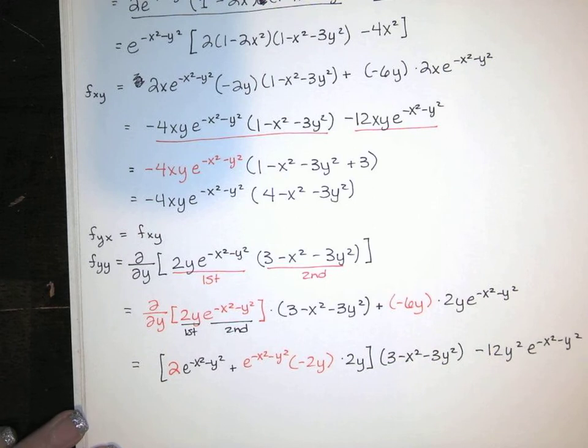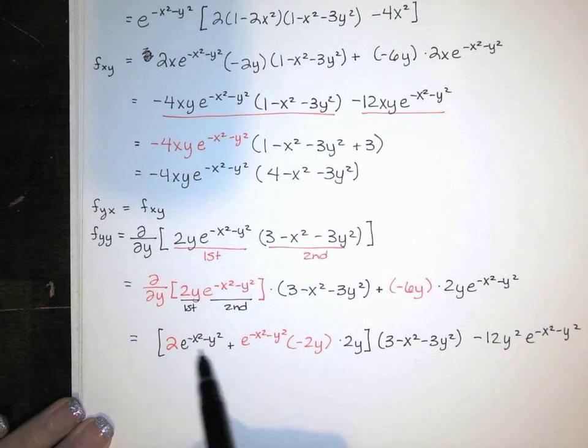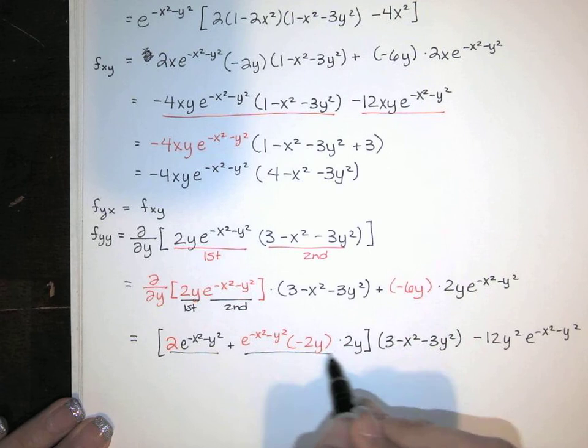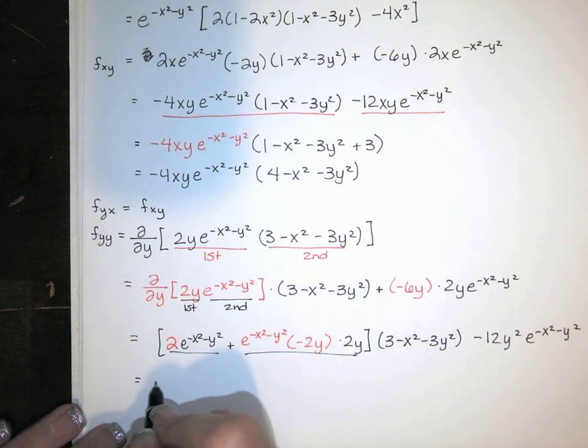Okay. Woo! It's a lot. That's okay. We can handle it. I'd still like to factor a little bit further, make it a little bit simpler. We've got this in these brackets. I want to look at these guys separately. They've got a 2 and an exponential in common, so I'll factor out the exponential.